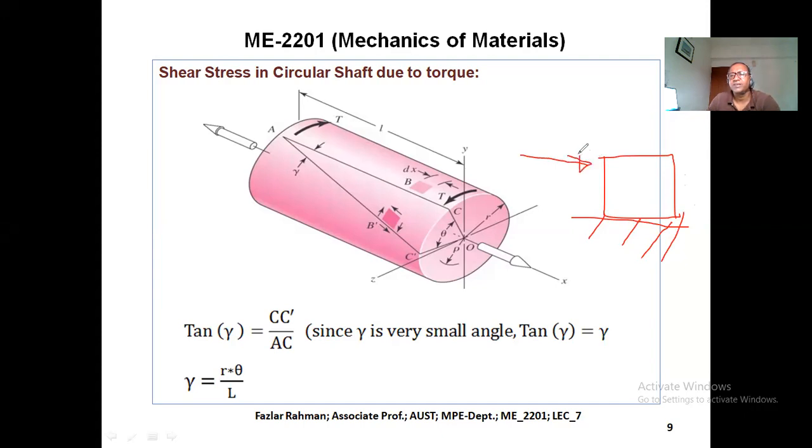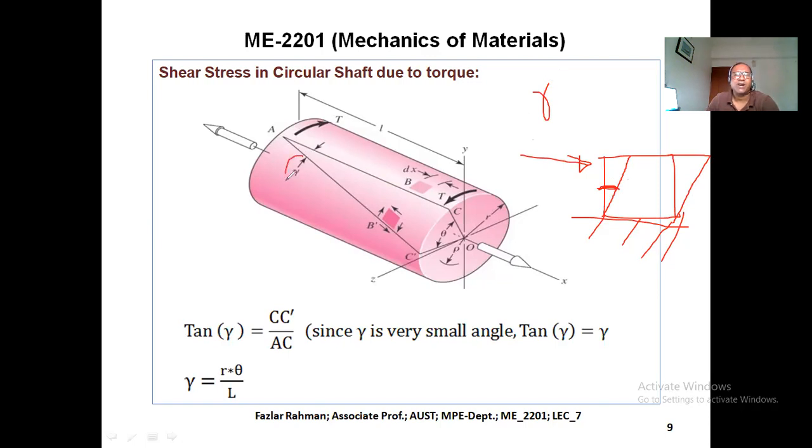After you kick, what type of force do you apply? Obviously shear force, because your force is parallel to the cross section, right? After you apply shear force, it's not breaking, but it deforms like that. That means this much deformation.